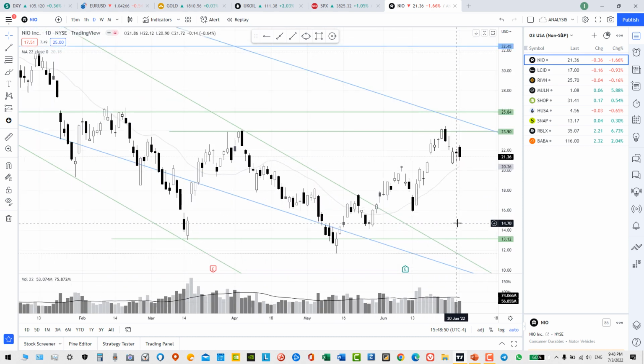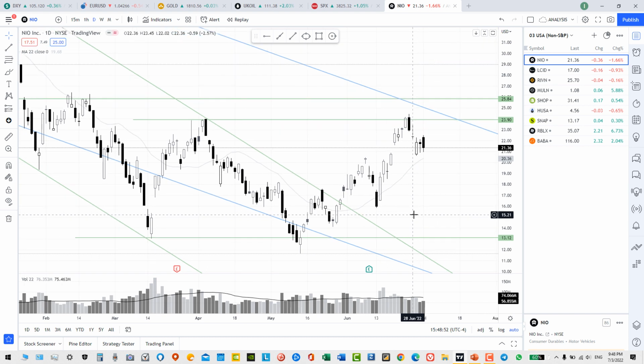What if, the difficult question, the stock did not manage to break above this resistance? At that time, the bearish environment persists and it may return back down to 13.12.